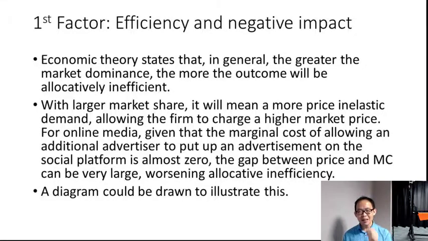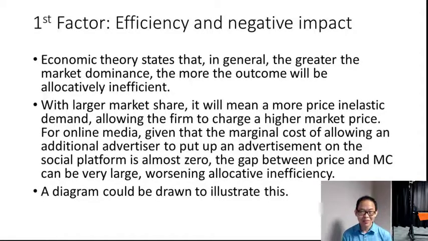Now, the thing about online media is that the marginal cost of allowing an additional advertiser to put up an advertisement on the social platform is almost zero. What this basically says is that with hard drive space and all this cloud technology, all these spaces have basically zero marginal cost. It is almost like a non-rival good.